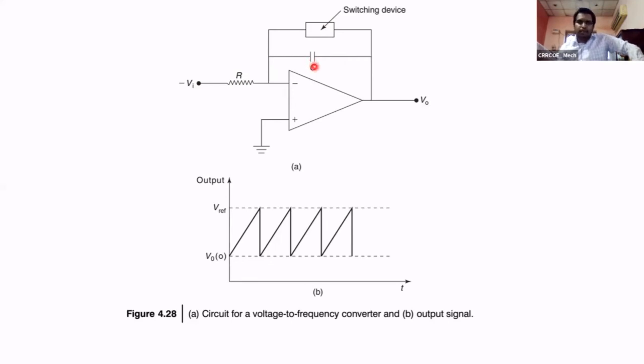You know how the capacitor works. If you apply voltage across the capacitor, it is charging. If you remove that voltage and connect it to the switching device, it is discharging. The charging and discharging period depends on the applied voltage, so there is a relationship between the charging and discharging time and the voltage.